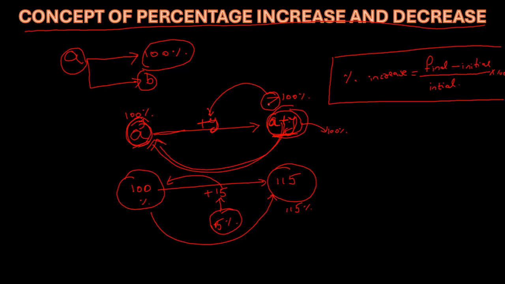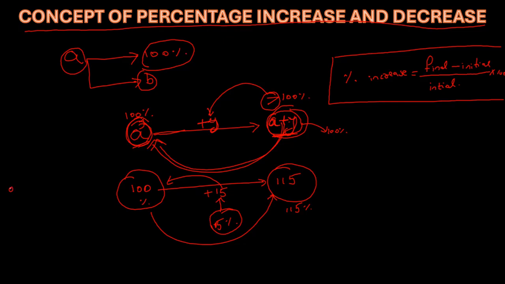Right? And what is the percentage that is increased? The percentage that is increased is final value A plus Y minus initial value, that is A, upon initial value A, and multiplying this fraction with 100 gives me the percentage increase in its value. Same as with percentage decrease, guys.